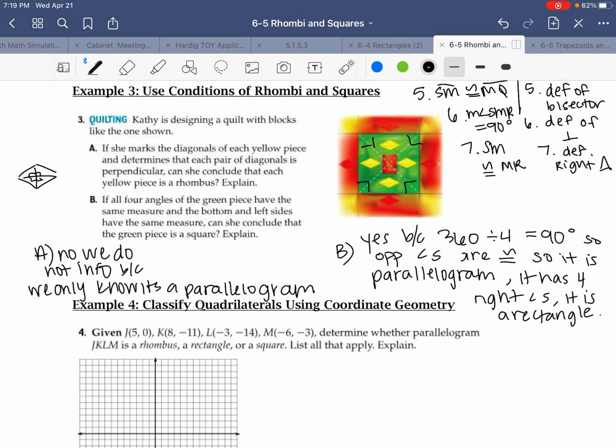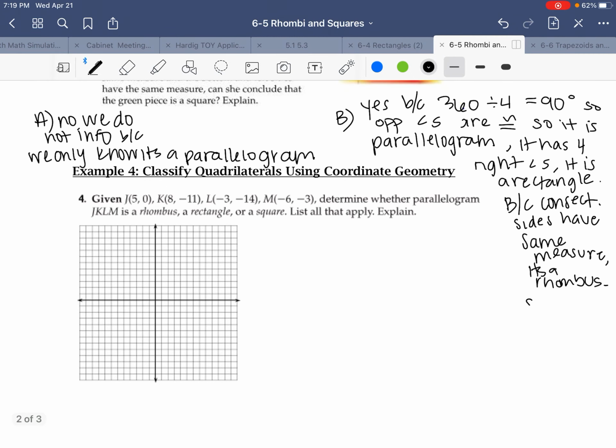And because we know that consecutive sides have the same measure, that tells us it's a rhombus. So because it is a rectangle and a rhombus, it is a square.